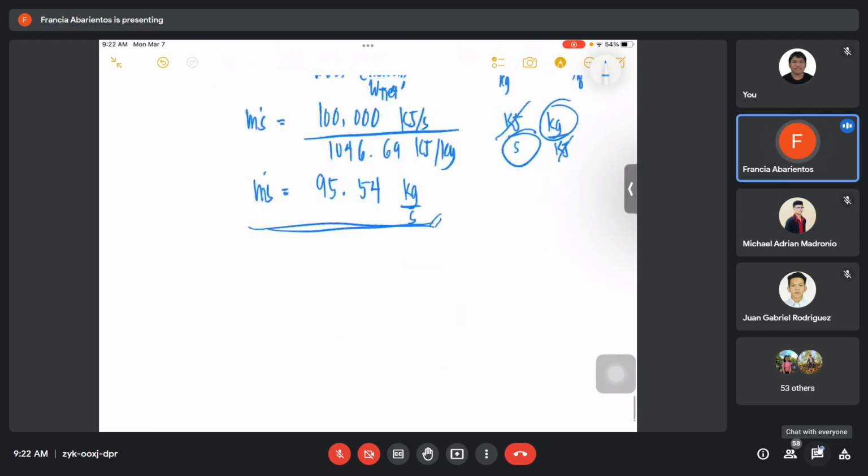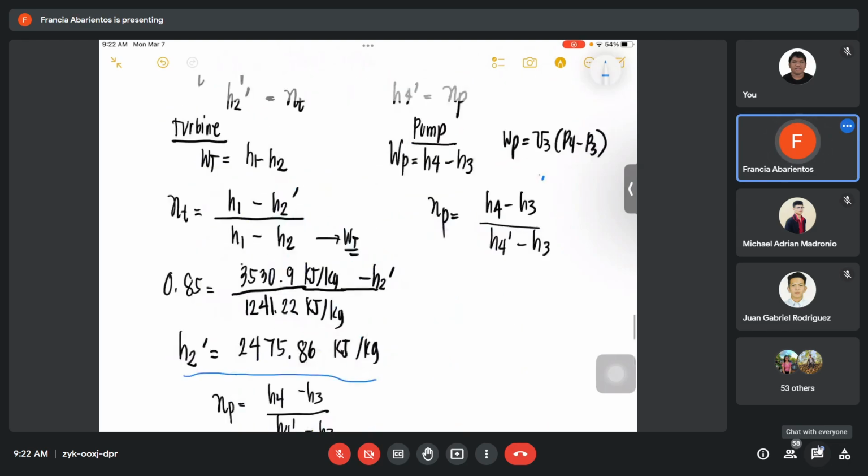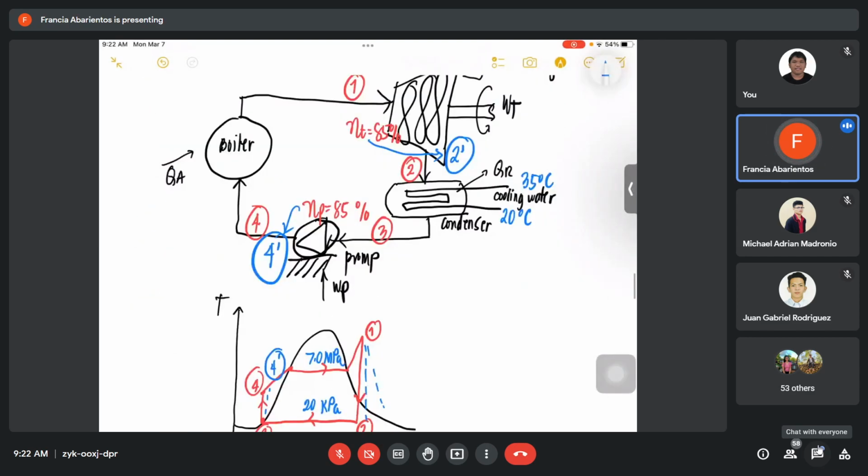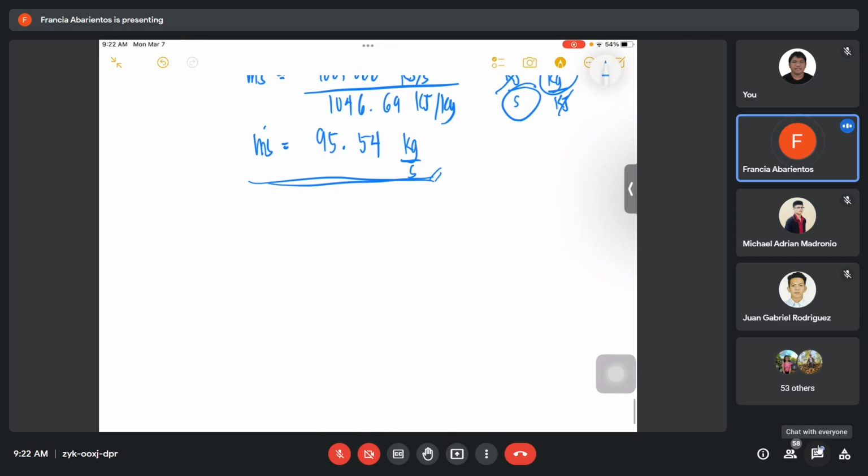Going back, na yung pangatlong tanong sa atin, determine the cycle, the flow rate. Ayan, cooling water rate, condenser cooling water enters at 20 and leaves at 35. Okay. So, first law analysis na condenser. So, ito yung condenser natin.